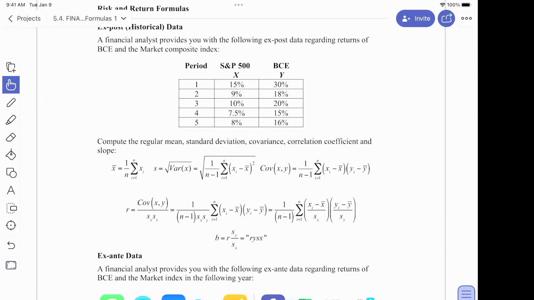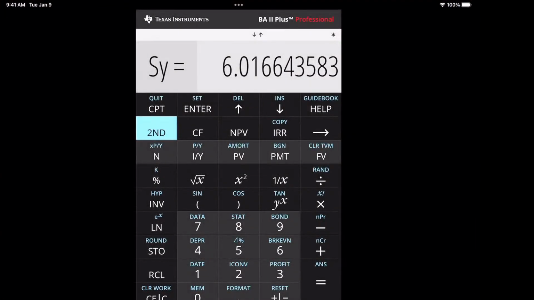Let's see. So if I have the data here, and I say SX, and I use store 1, and then SY, store 2, and I know R is 1, right? Then that should be the covariance, 18.1.